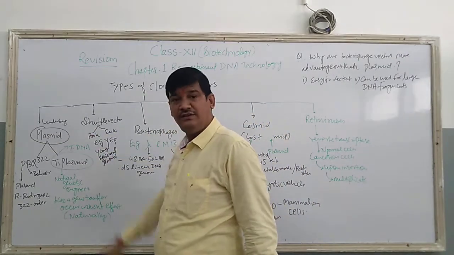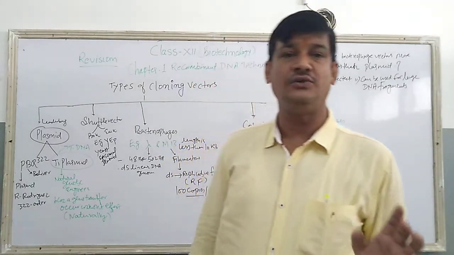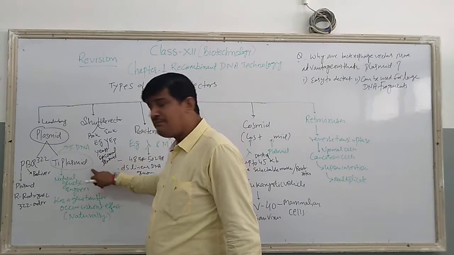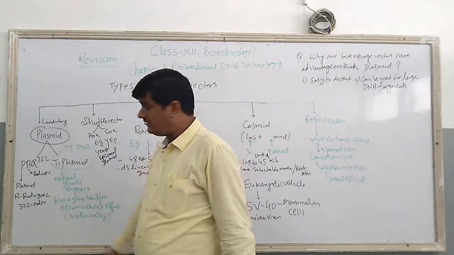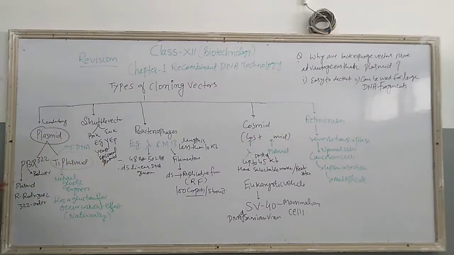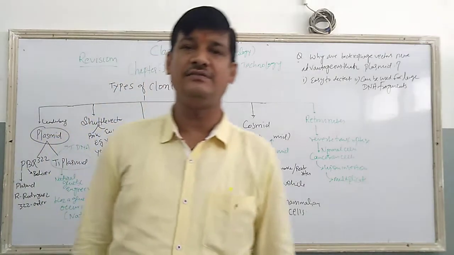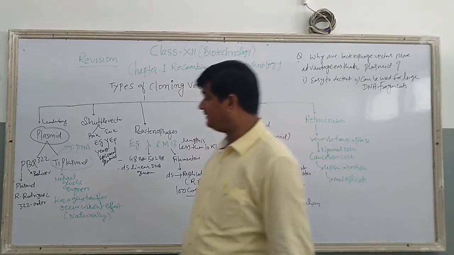The most common plasmids used in genetic engineering are pBR322 and the Ti plasmid. pBR322 stands for: p for plasmid, B for Bolivar, R for Rodriguez, and 322 is the order of sequence in which it was isolated or discovered.